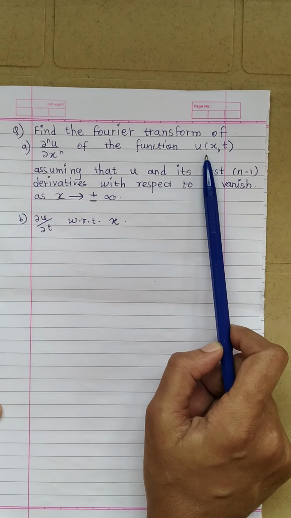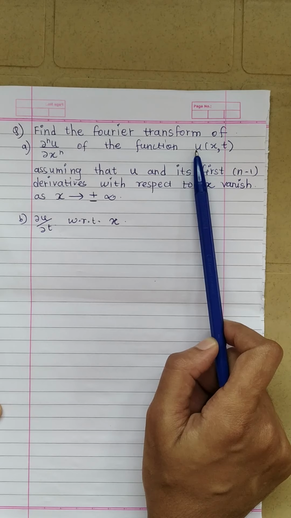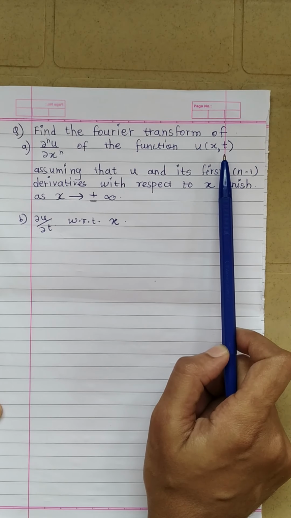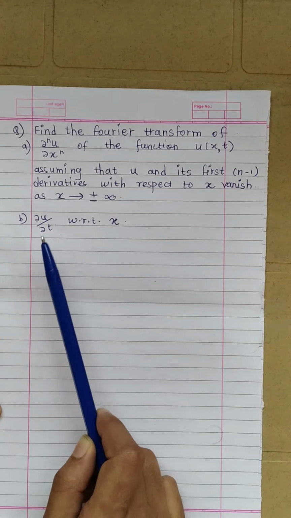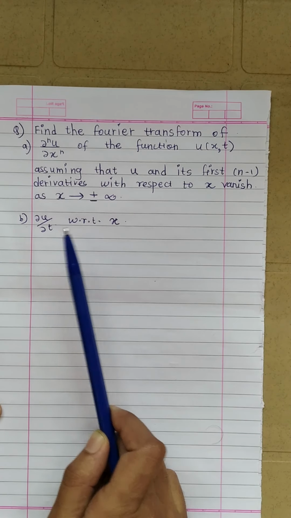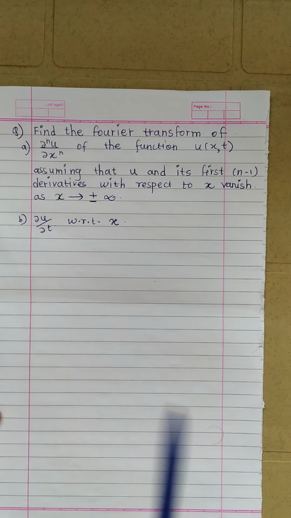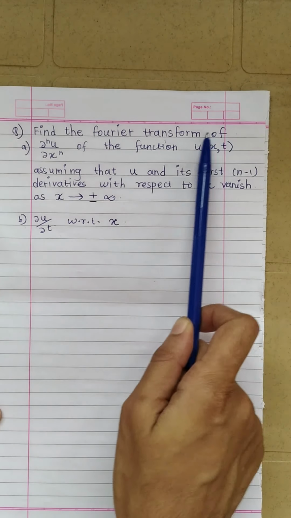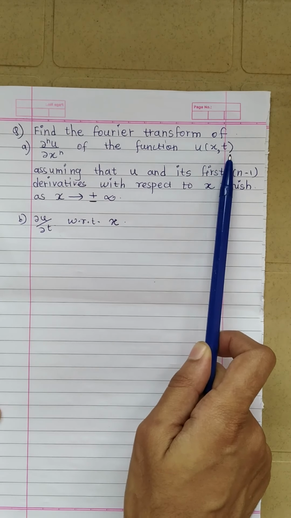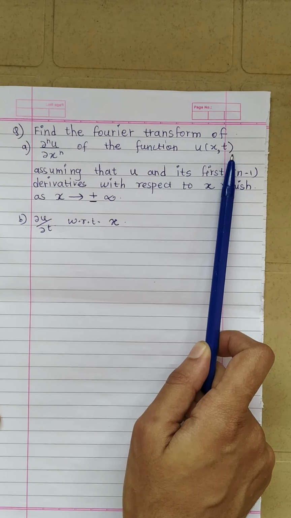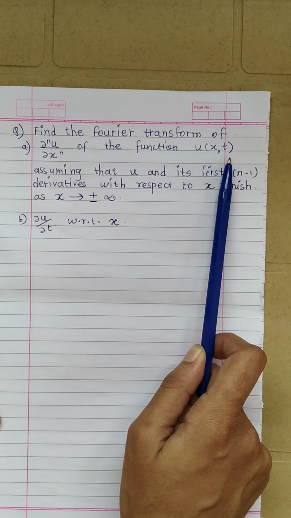It can be the partial derivative of u with respect to x, or the partial derivative of u with respect to t, or it can be the mixed partial derivatives. Because u is a function of two variables, partial derivatives come into the picture.